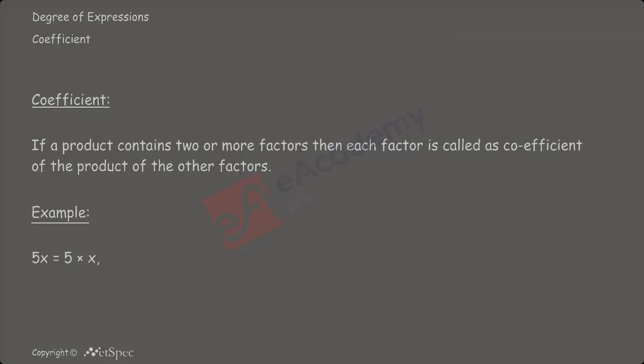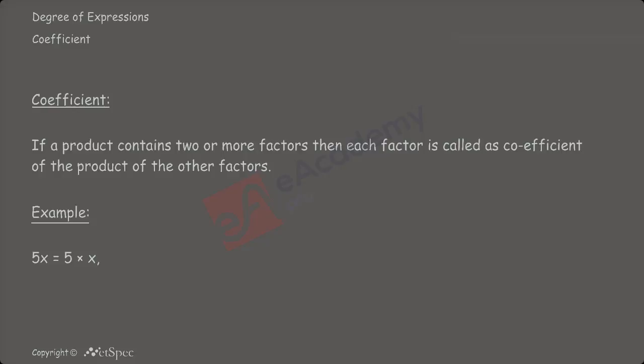After multiplying 5 and x, we obtain the product 5x. So, we can conclude that 5 is the coefficient of x and x is the coefficient of 5.